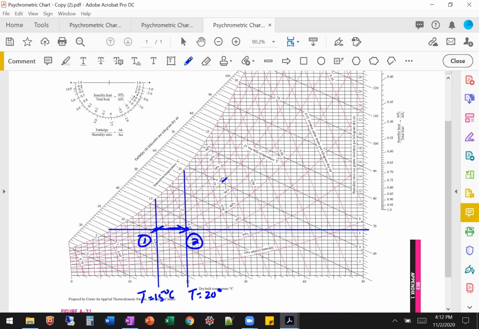Then we have our process where we humidify, right? And we had 25 degrees Celsius as our dry bulb. So there's where 25 ends up.